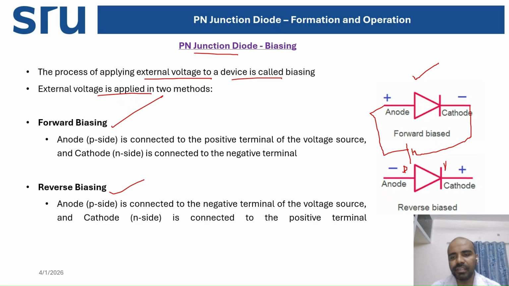This is P, this is N. If the N side is connected to the positive pole of the battery and the P side is connected to the negative pole of the battery, then it is called the reverse bias condition, right? Did you get it?